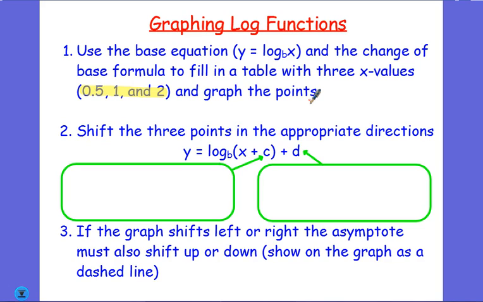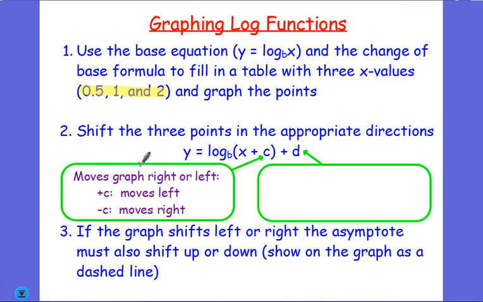We're going to add in 2 pieces of shifting information. We're going to add in a C inside the parentheses and a D outside of the parentheses. So the rules for the C, and again this is inside your parentheses, same rules you've seen 3 or 4 times now. This is going to move your graph left or right. If it's positive C, it goes left.